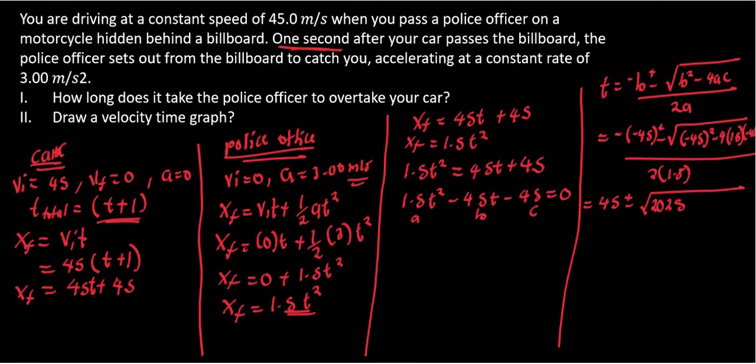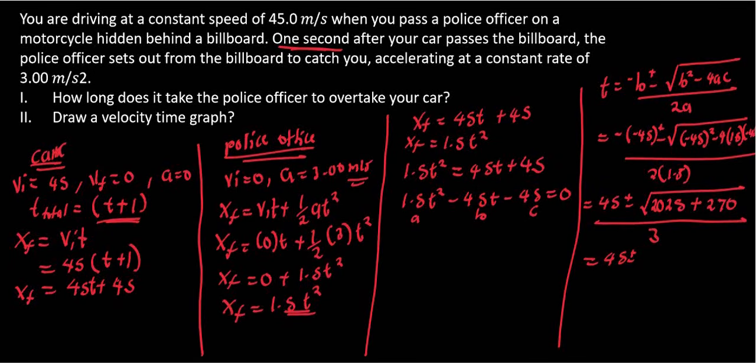Then negative 4 times 1.5 times negative 45 gives positive 270. So it will be 45 plus or minus the square root of 2025 plus 270, which gives 2295.